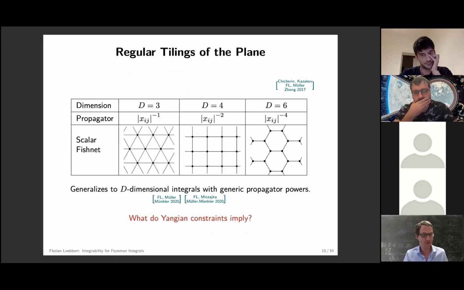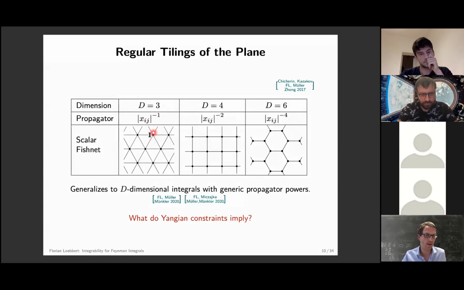So it's not only these square lattices that have these properties, but you can also look at different dimensions where you get different lattices. In position space, the natural propagators would have this structure here, which lead to different lattices.